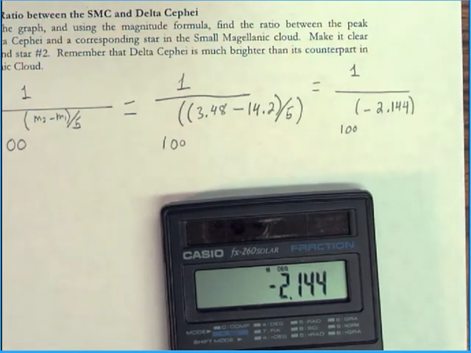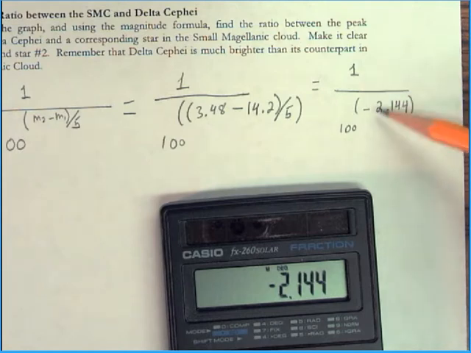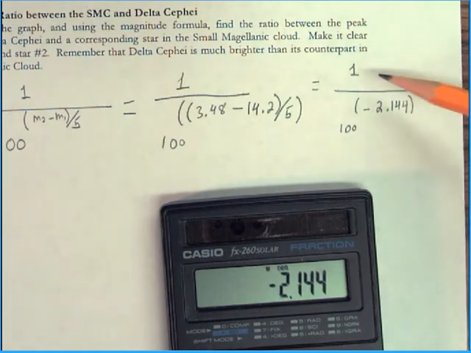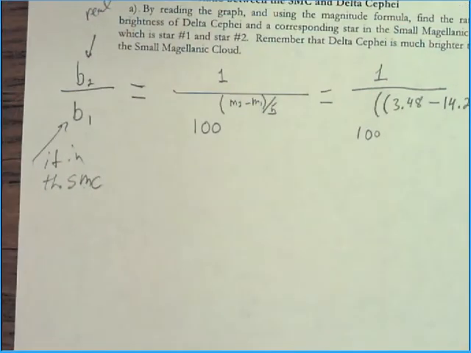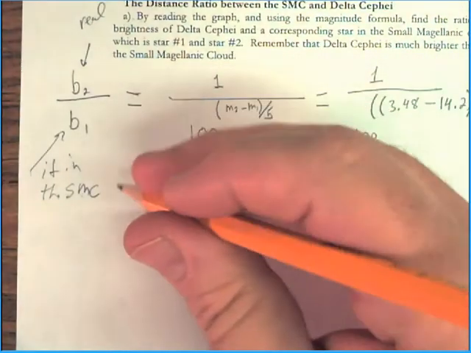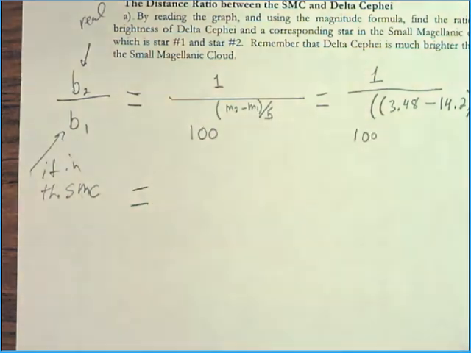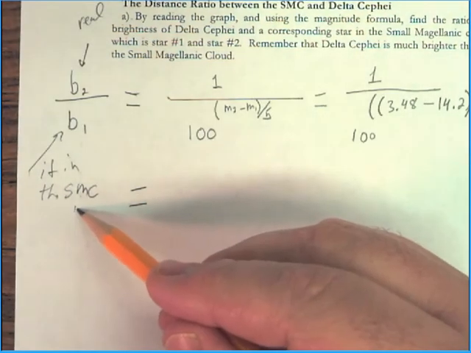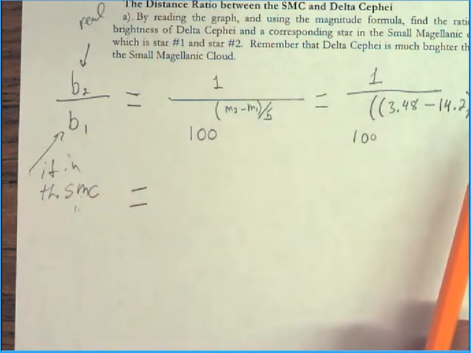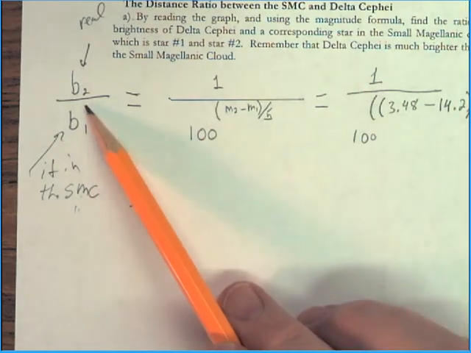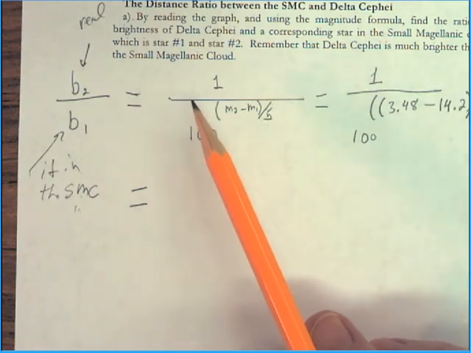Now, what's nice about negative exponents is that it's the same thing as a reciprocal. So 1 over 100 to the negative something is the same thing as just 100 to that something. So we can write B2 over B1 equals, now notice everything is like a sentence. There's a subject, there's a verb, and there's a predicate.